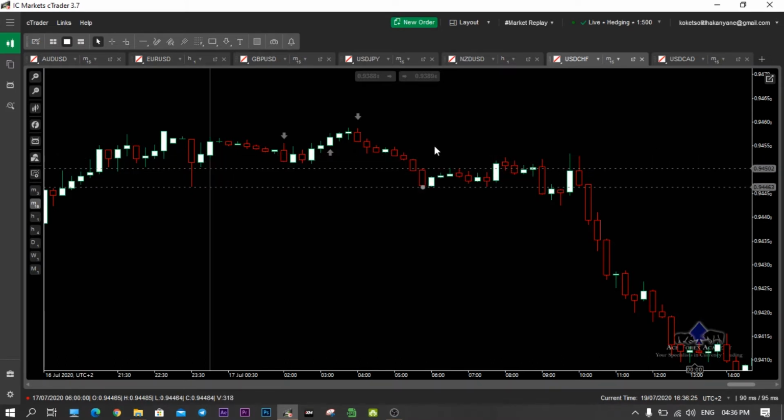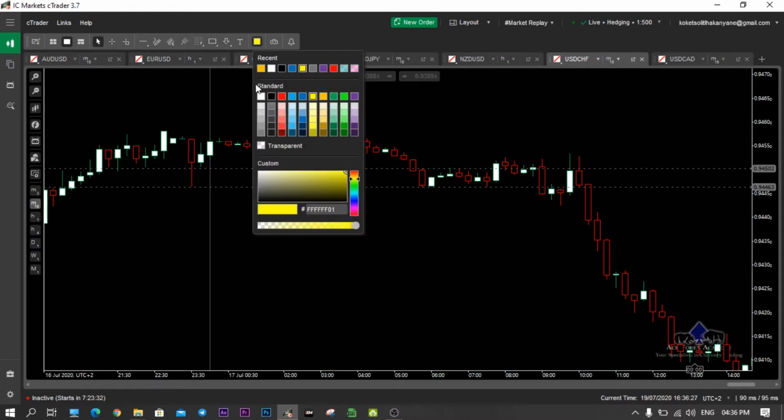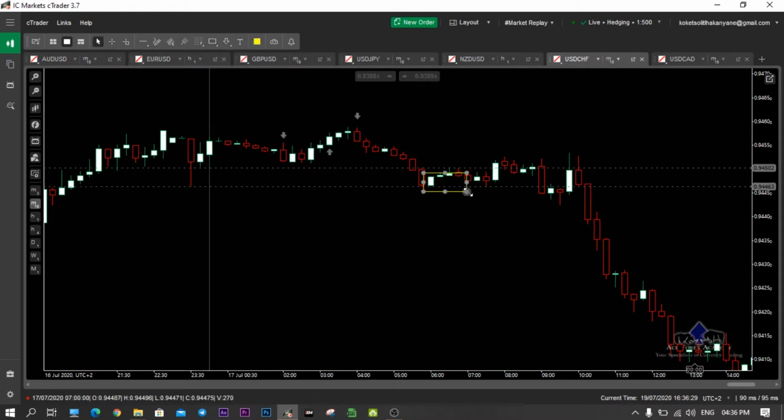Then we had a brief period of consolidation. What I'll be doing is highlighting these different periods of consolidation, and then I will be revisiting them later after we've had the general view of the markets.